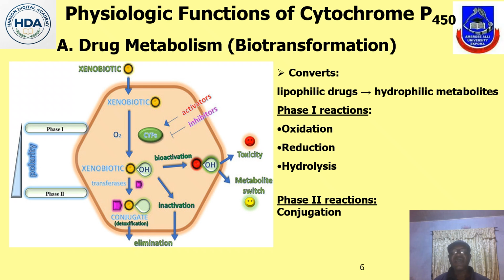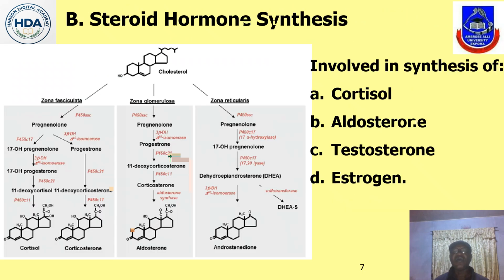Essentially, phase 1 is involved in oxidation, reduction, and hydrolysis, where lipophilic drugs are converted to hydrophilic metabolites. Then, if not sufficiently soluble, it will proceed to phase 2 reaction for conjugation. The reason for the conjugation is for further solubility for easy excretion from the body.